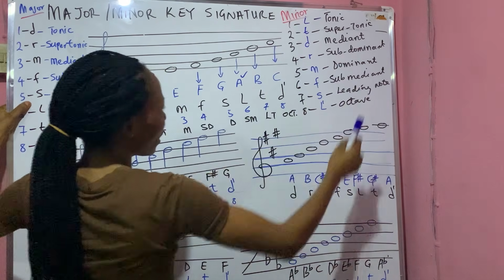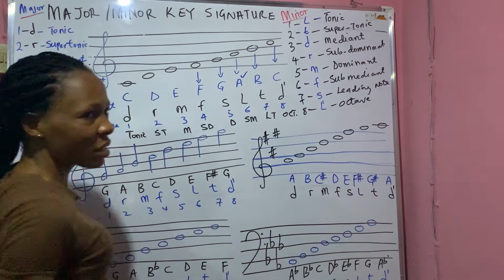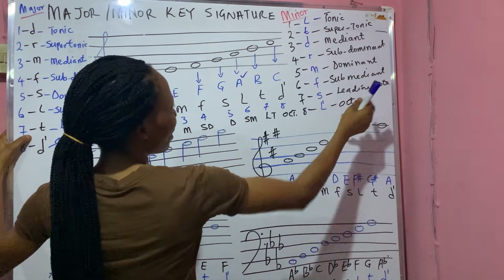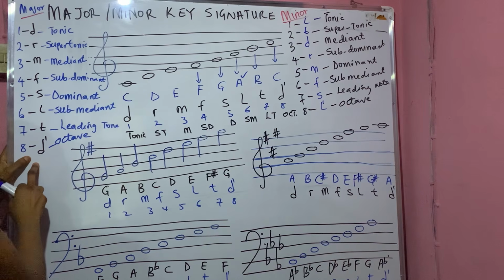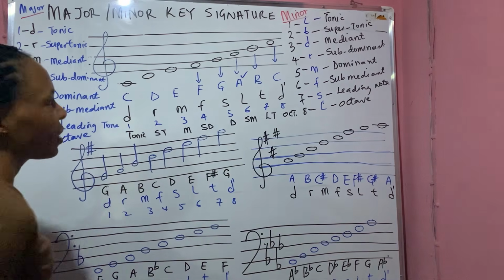Mi is the dominant in minor. La is the submediant in major. Fa becomes the submediant in minor. Ti is the leading note in major. So is the leading note in minor. Do is the octave in major. La is the octave in minor.